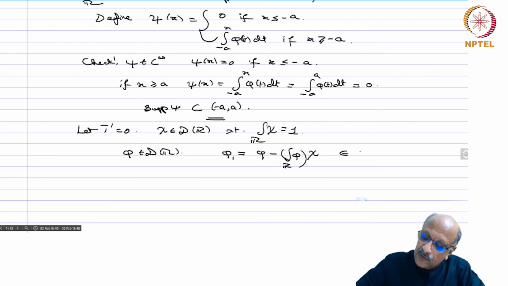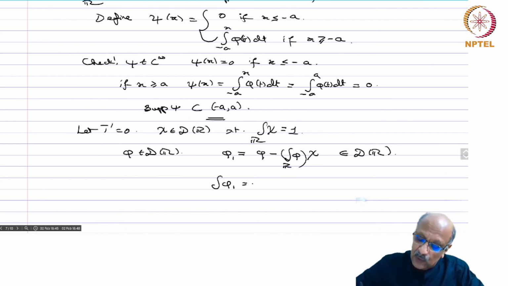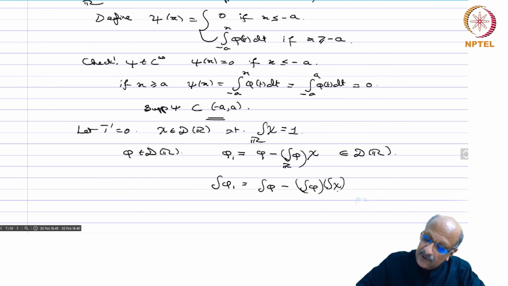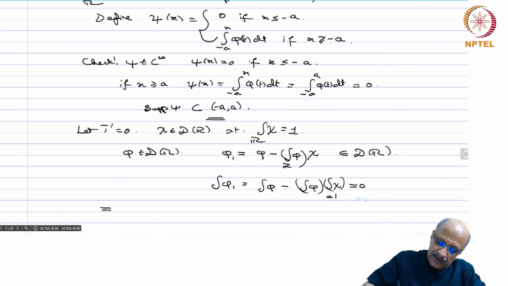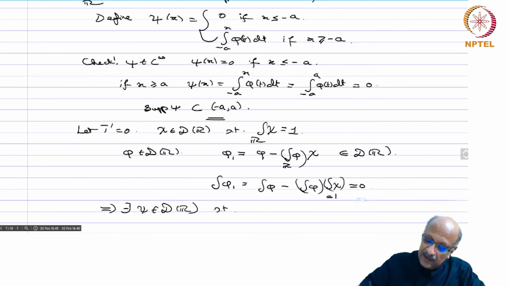So this belongs to D of R. And what is the integral of phi 1? The integral of phi 1 is nothing but the integral of phi minus the integral of phi times the integral of chi, but this is equal to 1, and therefore this is equal to 0. So this implies there exists a psi in D of R, by whatever we saw just now, such that psi dash equals phi 1.